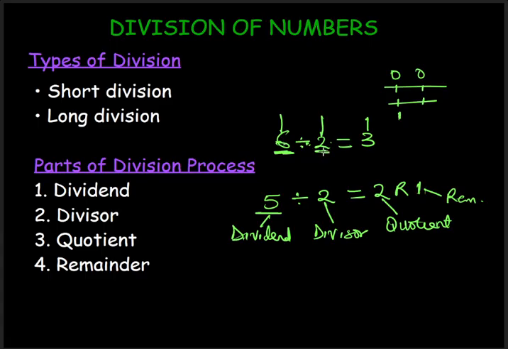This one here is our divisor, and the result is our quotient. So those are the basic things we need to consider: the dividend, divisor, quotient, and remainder.